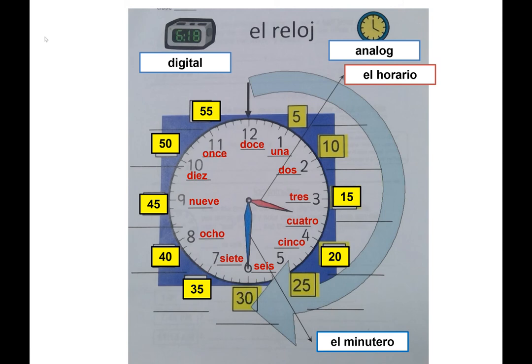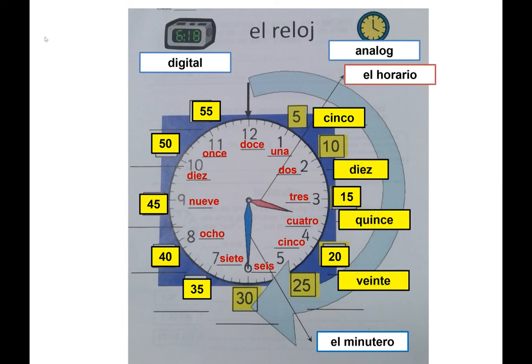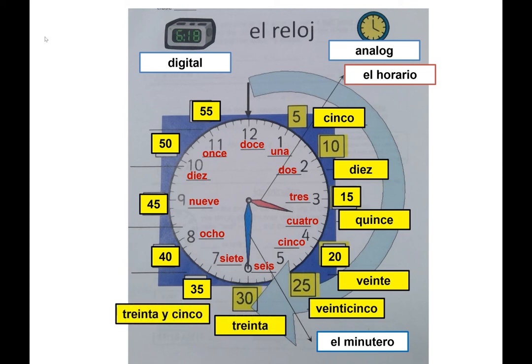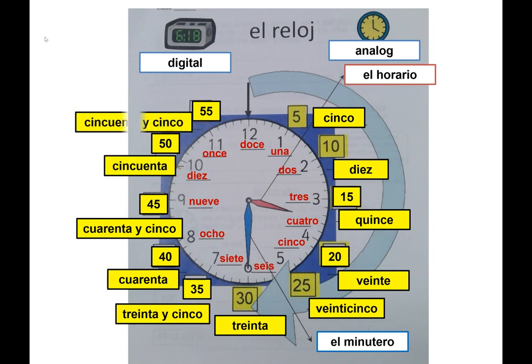Now those have to be written out in words. So we have cinco, diez, quince, veinte, veinticinco, treinta, treinta y cinco, cuarenta, cuarenta y cinco, cincuenta, and cincuenta y cinco.